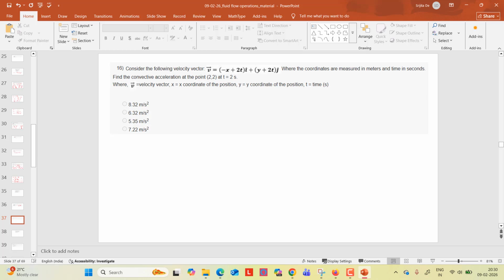Okay, do it. So convective acceleration means ax is u del u del x plus v del u del y.